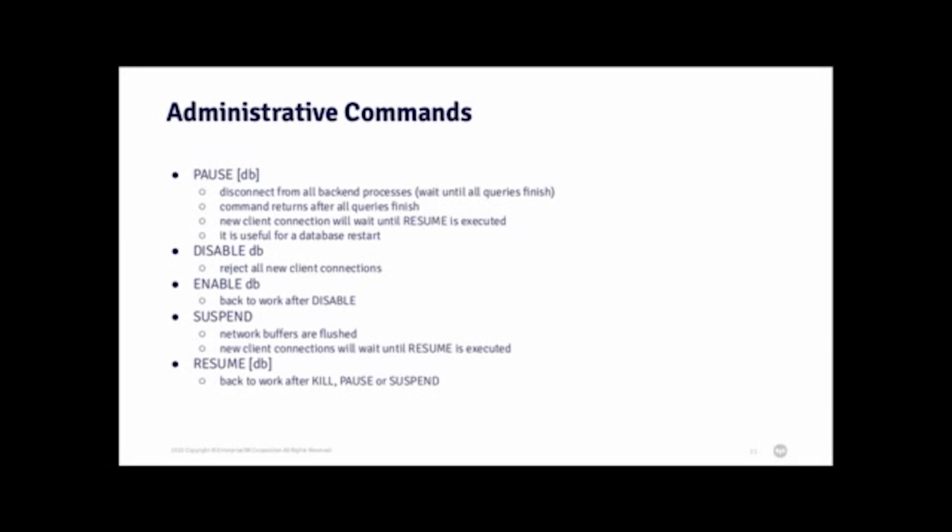Basically, it disconnects all of the backend connections, and it will wait until all of the queries are finished. And after that, the command will return. New client connections will wait, will be in the queue, until we execute another command called resume.